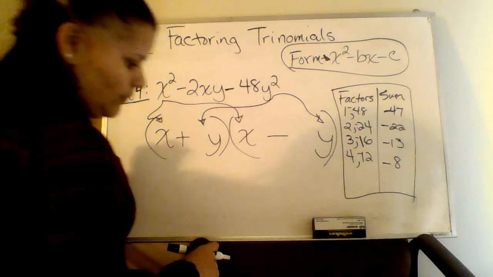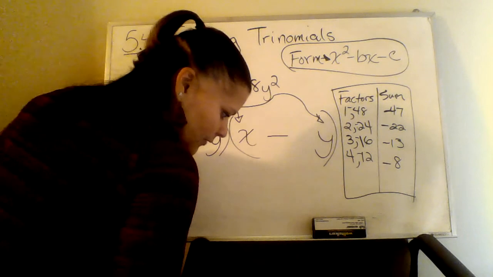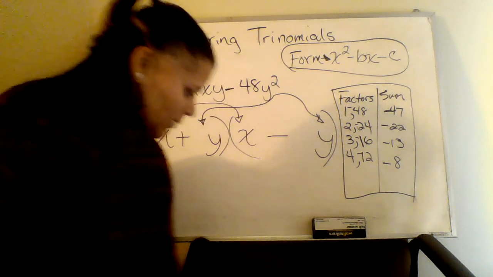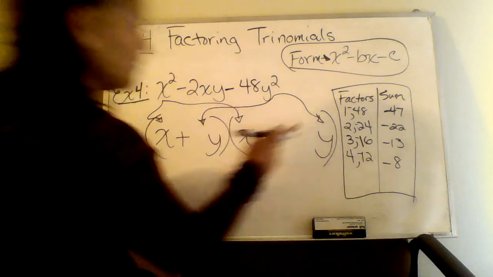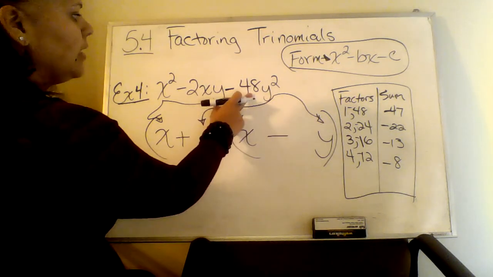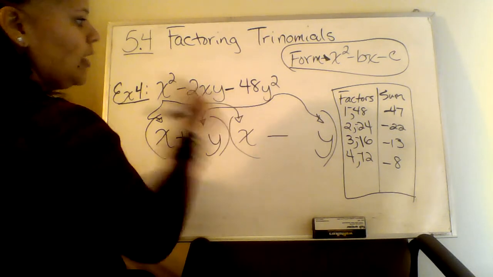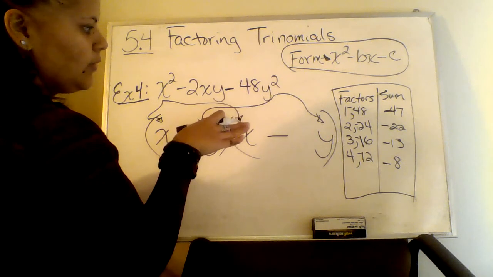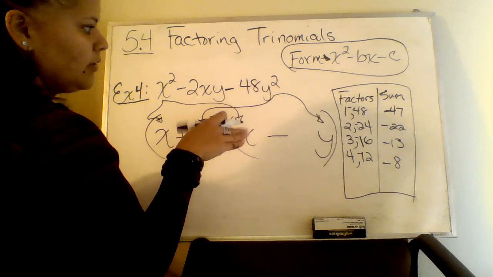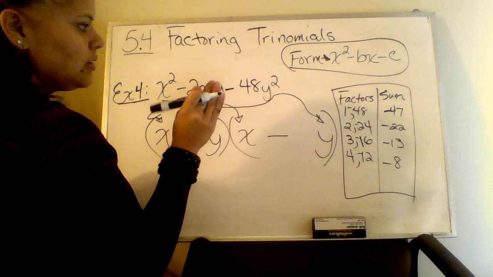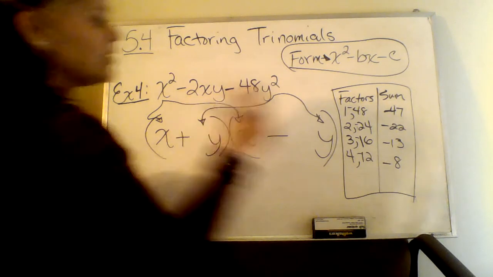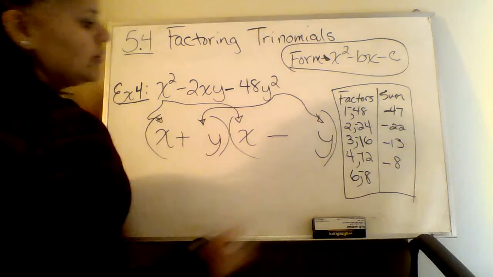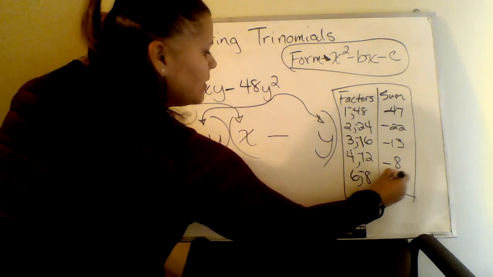So we also need to make sure we have all our factors. So we have 48, half of it is 24. We did 3. We did 4. 5. 6 doesn't go into it. Oh, yes, it does. 6 and 8. Higher number. So then you have 6 minus 8, negative 2.